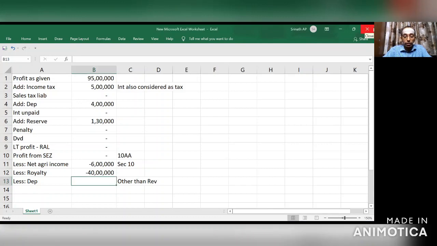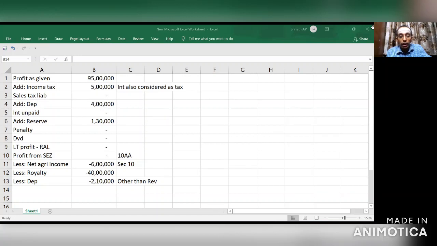So 4 lakhs minus 1,90,000. So the amount that would be eligible for deduction would be 2,10,000. Out of 4 lakhs, 1,90,000 is on account of revaluation. You will not consider that.